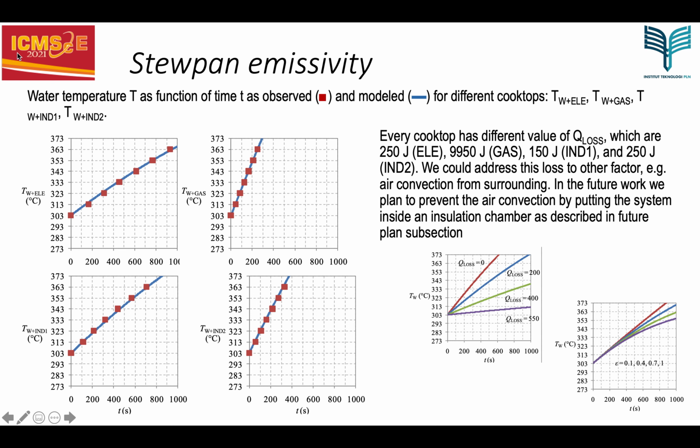We attribute this loss to other factors such as air convection from the surroundings. In future work, we plan to prevent the air convection by putting the system inside an insulation chamber, as described in the future plan subsection.